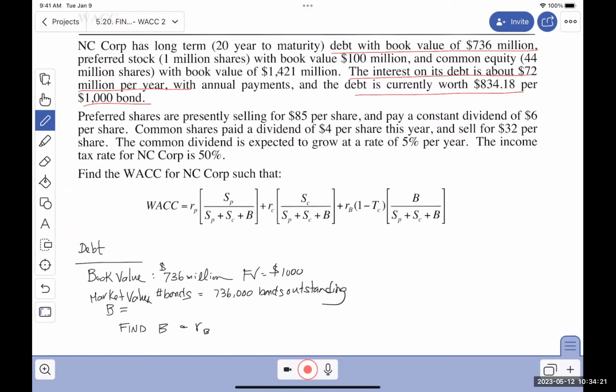So what's B? 834 is what? That's the amount of the bonds; they were 1,000, and this is 834.